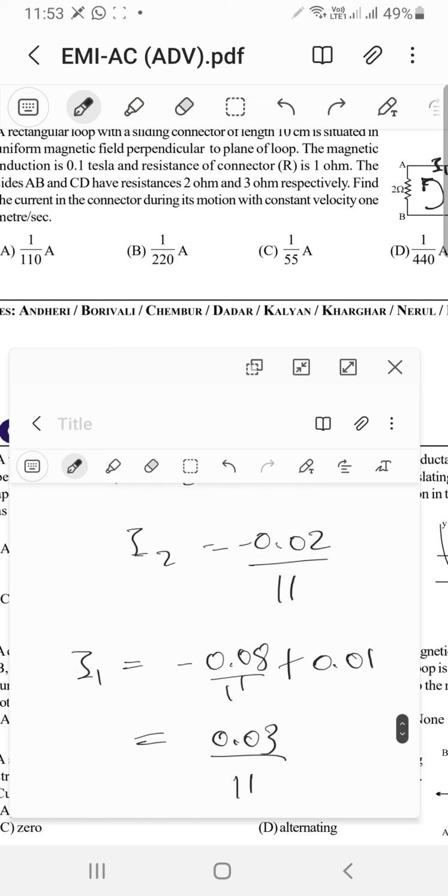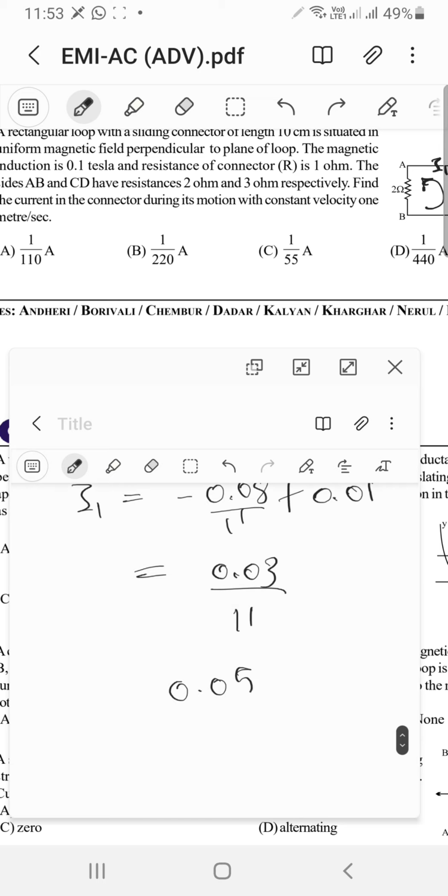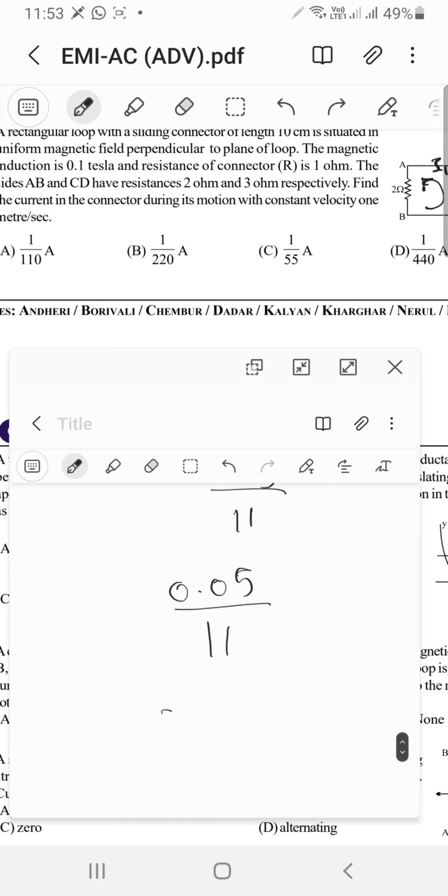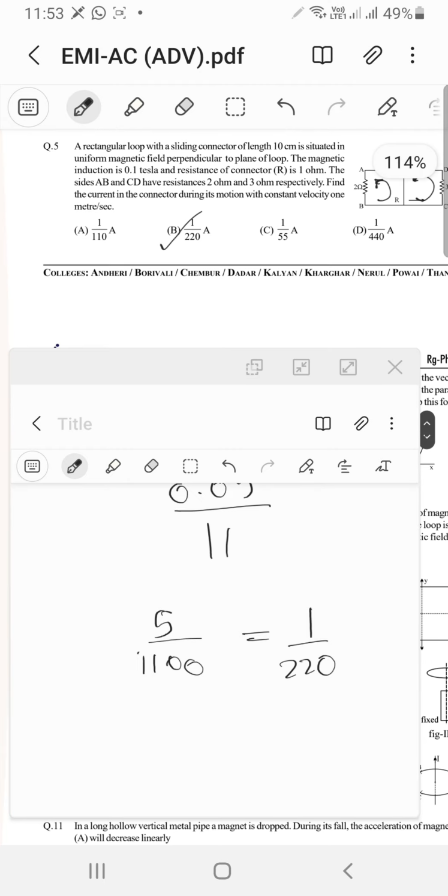And now what do we want? We want I1 minus I2, that should be 0.05 upon 11. That looks nice, which is like 5 upon 1100, which is 1 upon 220. Looks right. Okay, next question.